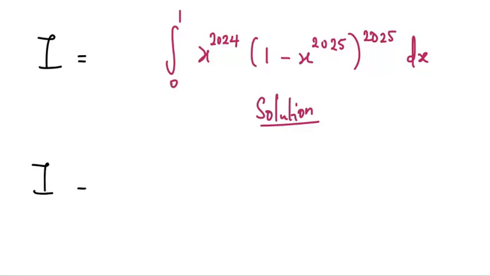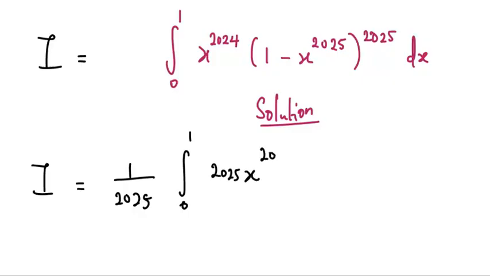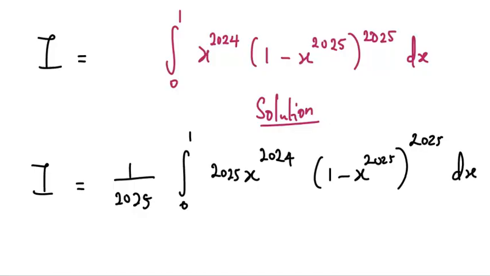So we're going to do the following. I will be the same as 1 divided by 2025 multiplied by the integral from 0 to 1, where we have 2025 x raised to the power of 2024, multiplied by (1 minus x to the power of 2025) whole raised to the power of 2025, and then we have our dx.